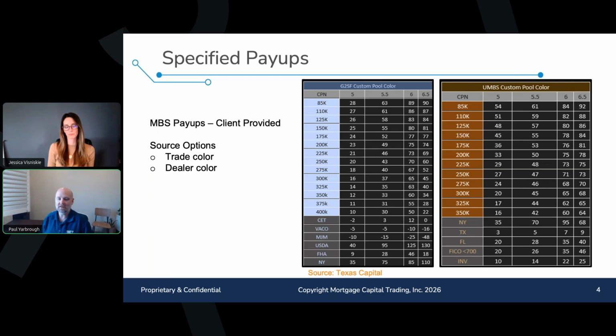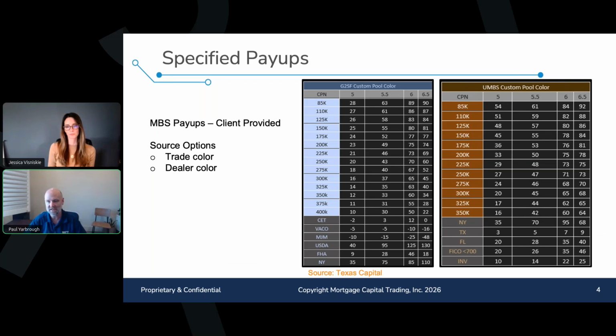Well, if you put loans together that contain similar attributes, for instance, a group of loans that has a low loan balance, a loan balance less than 85,000, then on a 5 coupon, I'll get 28 ticks more than what's on the screen, right? There are some caveats to that. Maybe there's some FHA only, maybe there's a minimum pool size, like on a custom pool for Ginnie, it has to be at least $1 million.